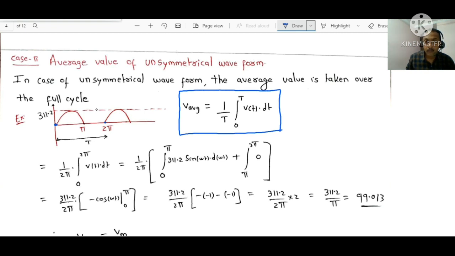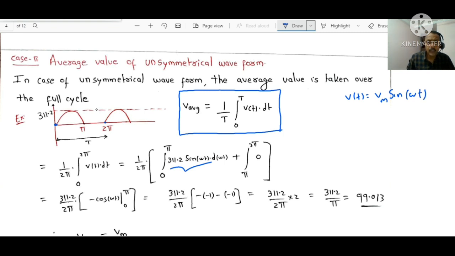Clear? In the place of V of t, the mathematical form is simple, you have to remember this one. V of t equals Vm sine of omega t. That is what we have done here.